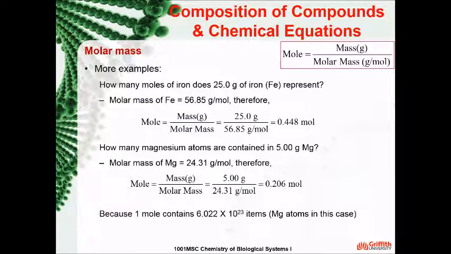We know that 1 mole is equal to 6.022 times 10 to the 23 atoms. However, we don't have 1 mole, we have 0.206 moles. So, 0.206 moles times 6.022 times 10 to the 23 is equal to 1.24 times 10 to the 23 magnesium atoms.